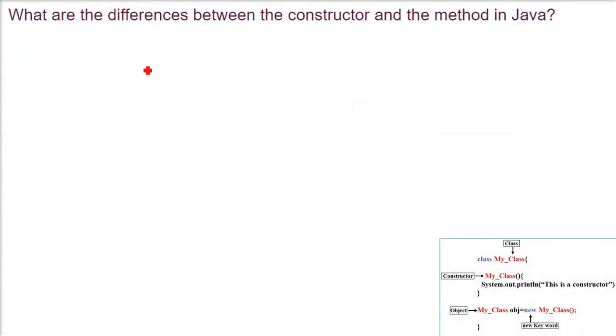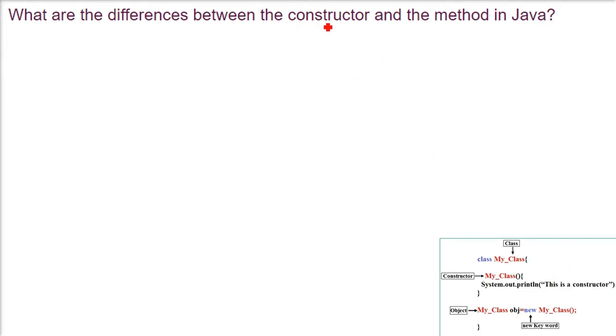What are the differences between the constructor and methods in Java? In object-oriented programming, we have Java, C++, PHP, and Python. So constructor and methods. Constructor is a method, but a method you make. Constructor is already given by the programming language.